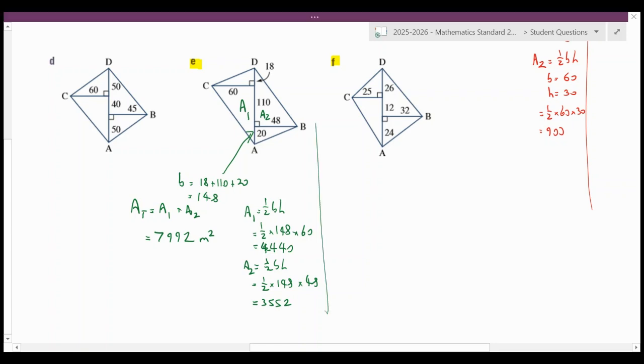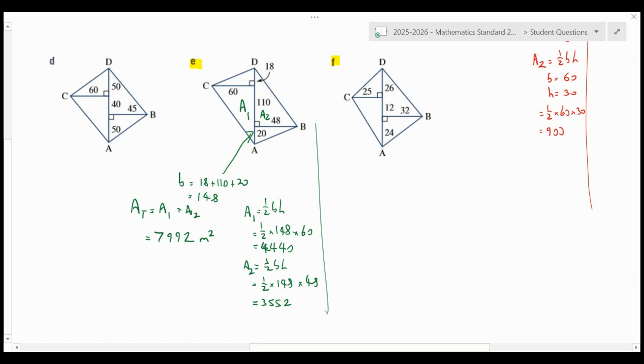All right, question F, very, very similar in that our base is 24 plus 12 plus 26. So 24 plus 12 plus 26, which gives us 62. Okay, my area total equals area 1 plus area 2. So this is area 1 and this is area 2.